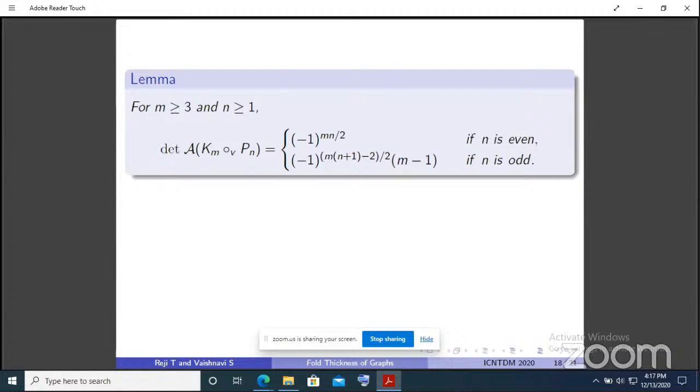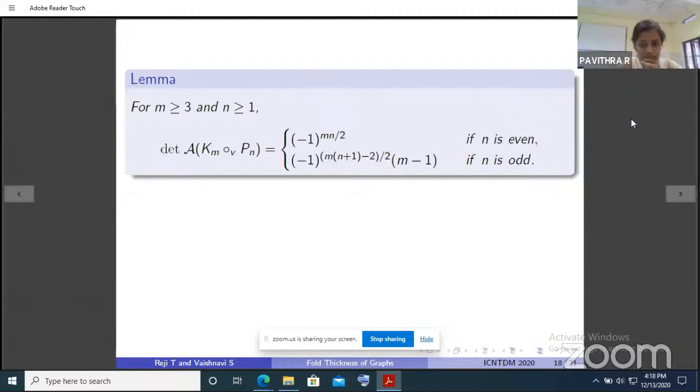Where they are related, if G has that property, whether its line graph will have that property. Whether the line graph preserves it or not, is that your question, ma'am? That I don't know, ma'am. I will look into it. Okay, thank you.